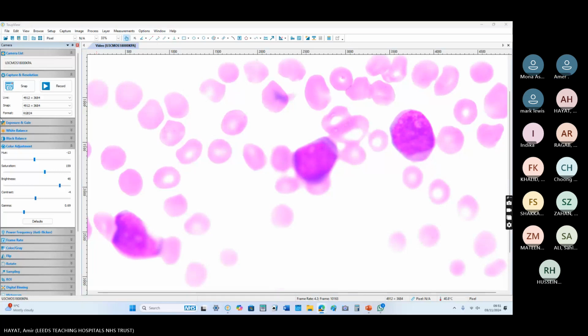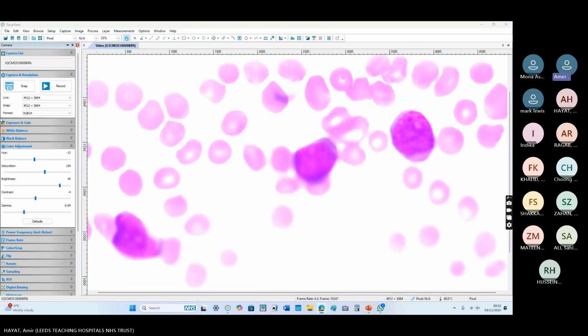TDT is a maturation marker. If it is positive, it means you are dealing with immature cells. If it is negative, it means the cells have matured and they have lost TDT.